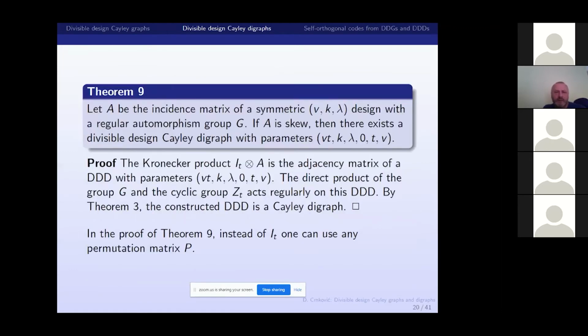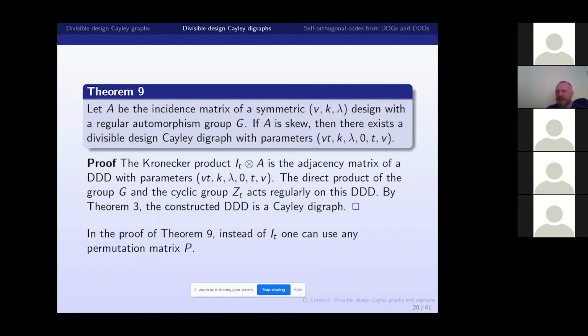Again, we have first that obvious construction, similar to, or actually the same as, the one that we had for Cayley DDGs. So if A is an incidence matrix of a symmetric (v,k,lambda) design with a regular automorphism group G, and if A is skew, so now we have to assume that the matrix is skew, then there exists a divisible design Cayley digraph with parameters vt, k, lambda, 0, t, and v.